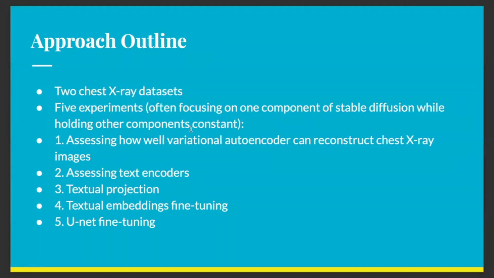The first experiment assessed how well the variational autoencoder can reconstruct chest X-ray images. I'll explain that more in a minute. The second experiment assessed text encoders. The third assessed what they termed textual projection. The fourth assessed textual embeddings fine-tuning, and the fifth assessed fine-tuning of the UNet.